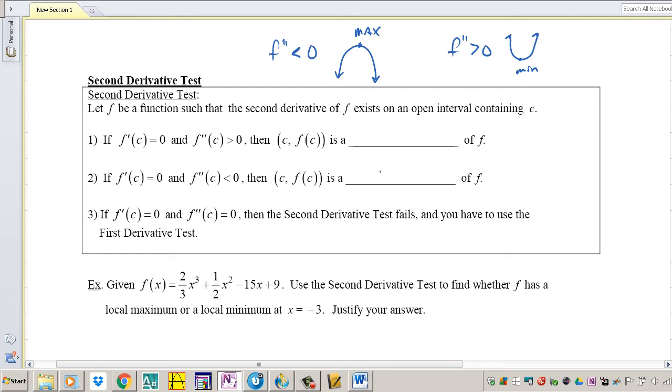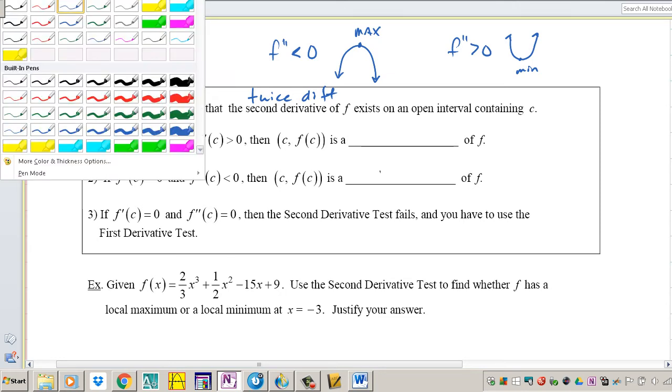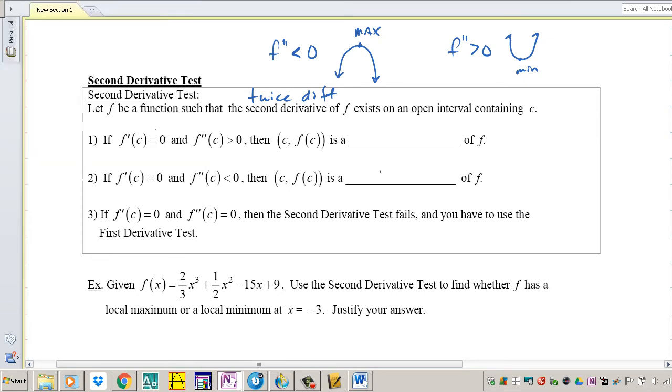Let f be a function such that the second derivative of f exists, which also means twice differentiable, on an open interval containing c. If f prime of c is equal to 0, what does it mean for a value to be 0 in the derivative? It means you have a critical number here.